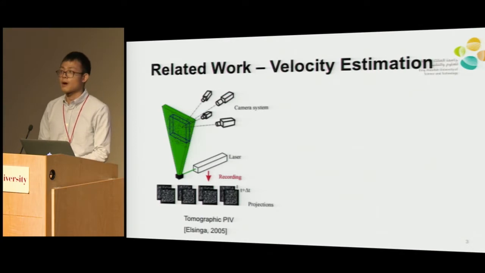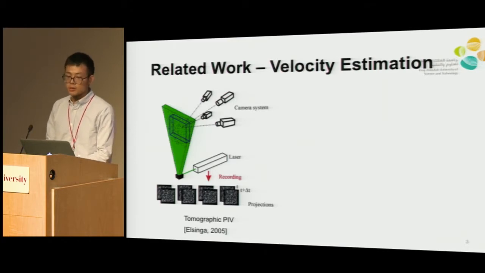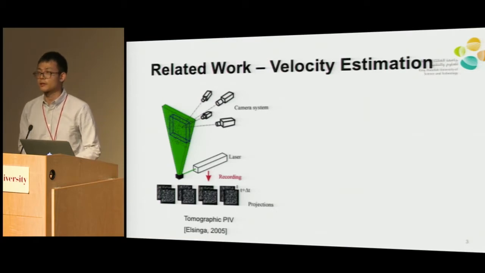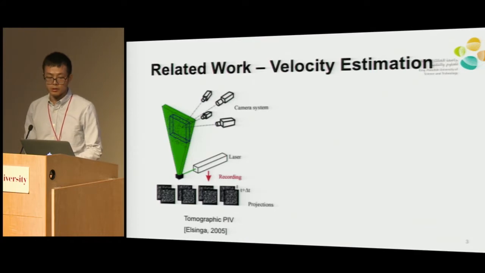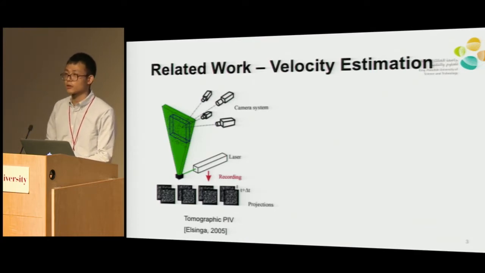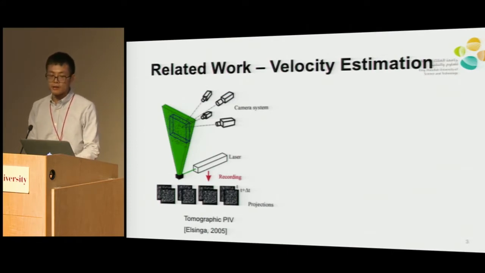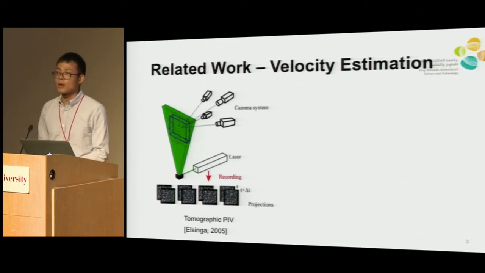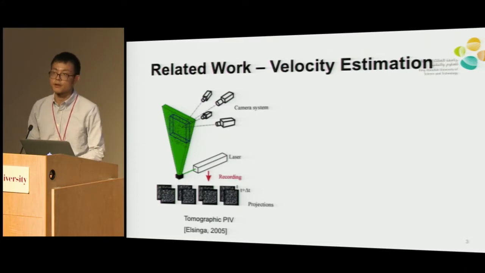It is implemented by inserting small, tiny particles into the volume and setting up a multi-camera system to view from different perspectives, and reconstructing the particle distributions by means of computed tomography, and then reconstructing the velocity field using correlation-based algorithms.